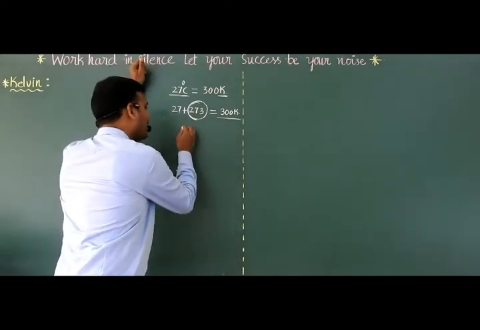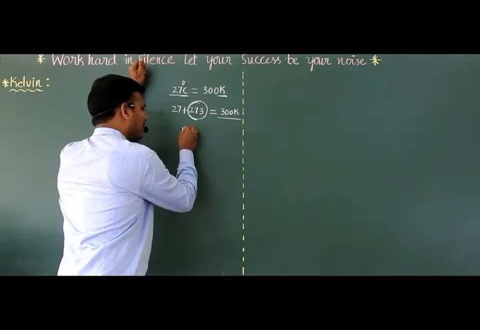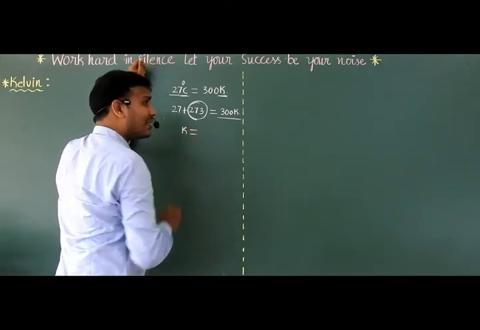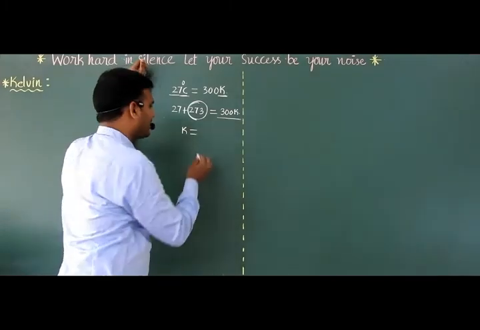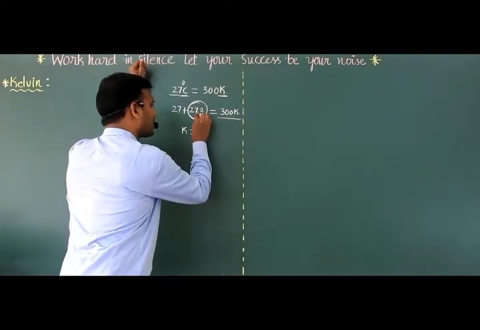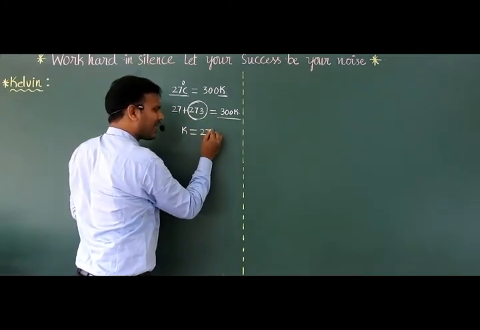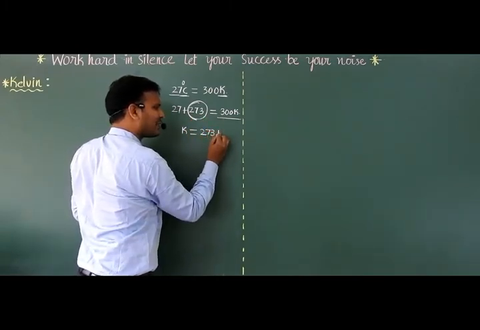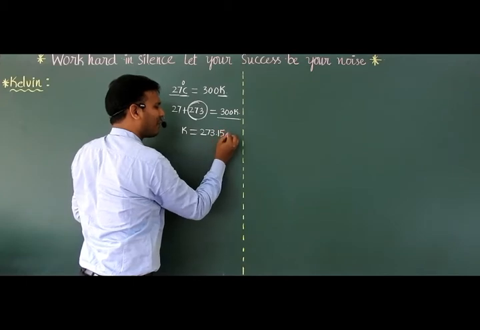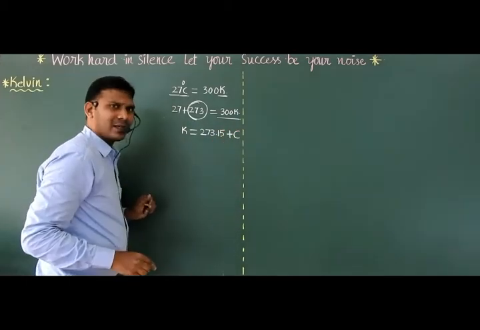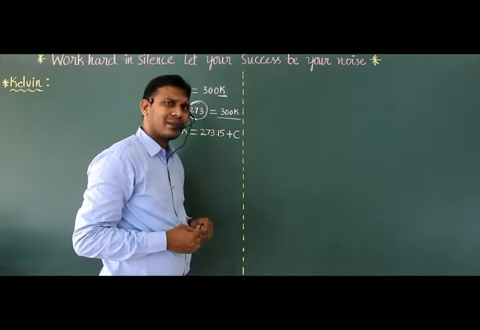So now I will write a standard conversion. Temperature in Kelvin, if temperature is given in degrees Celsius. Actually this is not exactly 273, the exact value is 273.15 plus C.